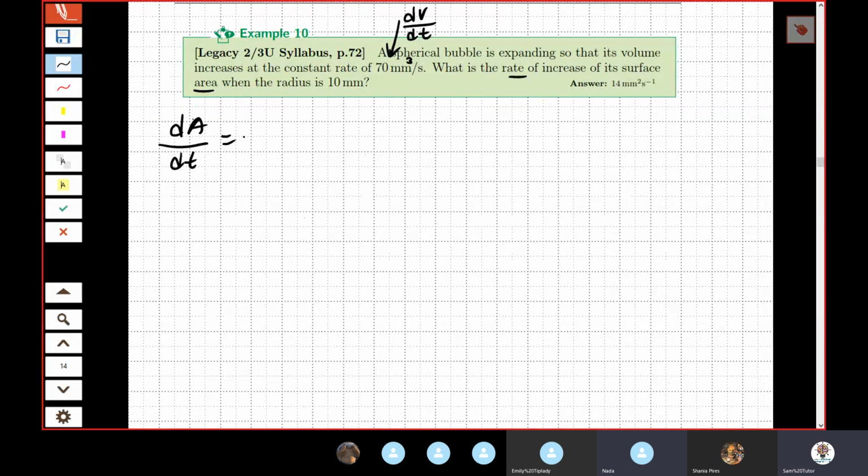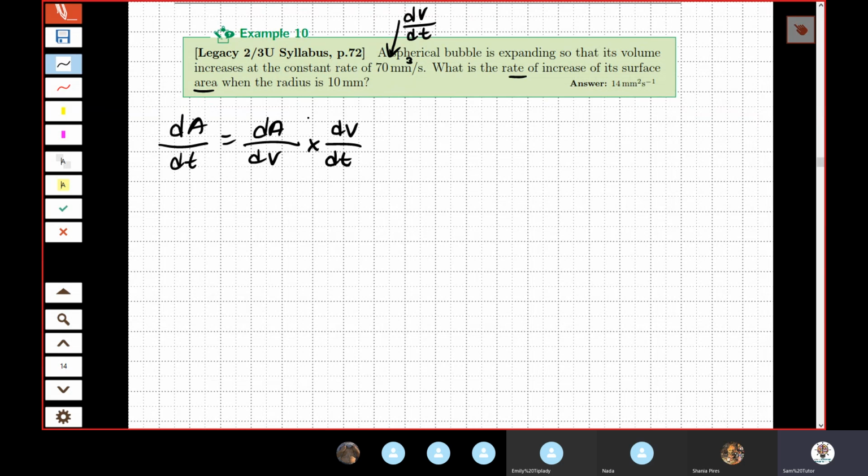Yes, that's correct. And then that's broken up into dA over dV times dV over dt. Right? Because then these two have to cancel out, don't they?